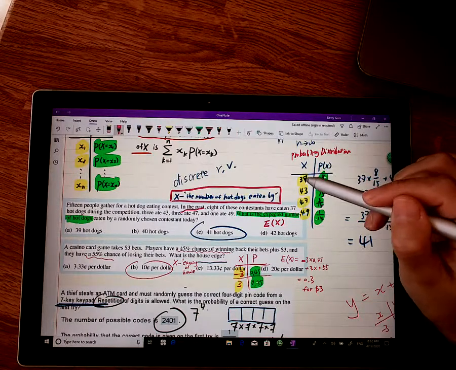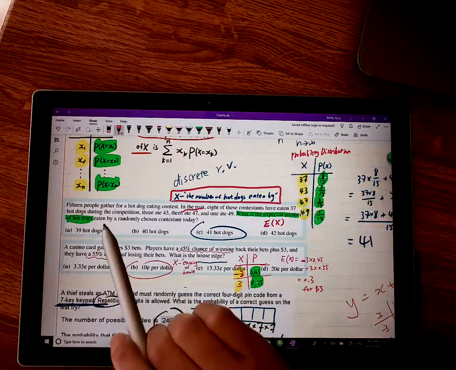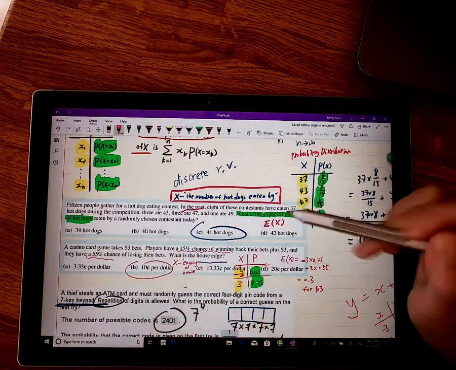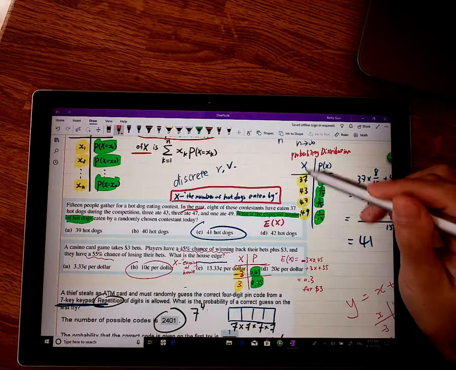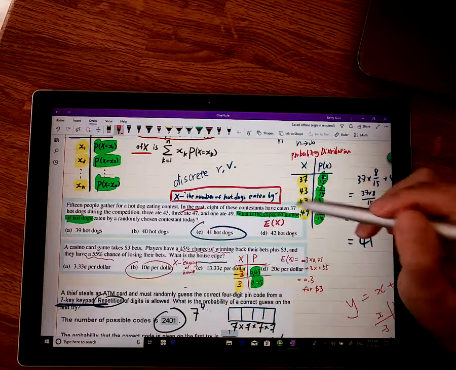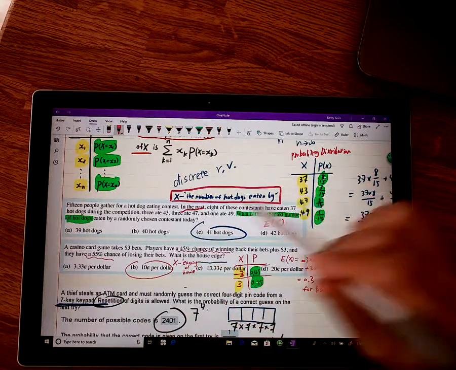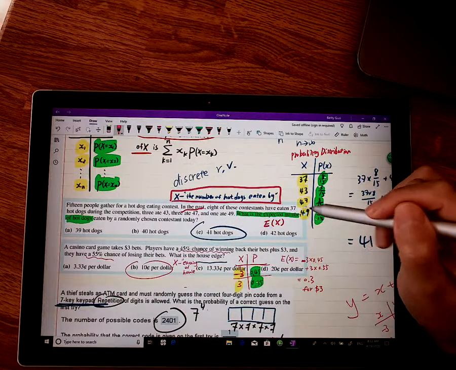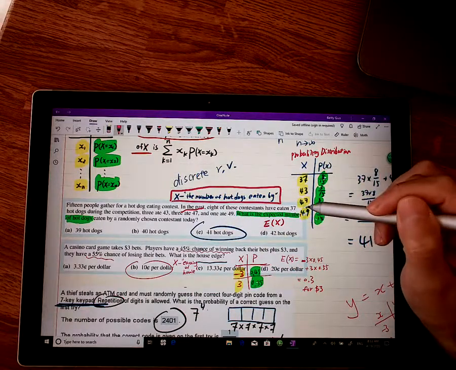So 37 is a value that X could assume. If we read on, 3 ate 43. So 43 is another value that X could assume. 3 ate 47. 47 is another value that X could assume. And 1 ate 49. 49 also is a value that X could assume. No more.